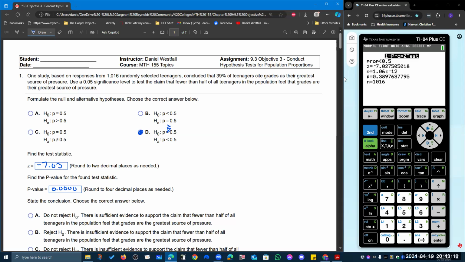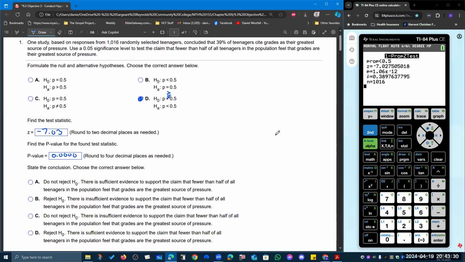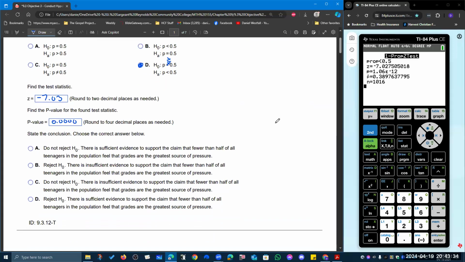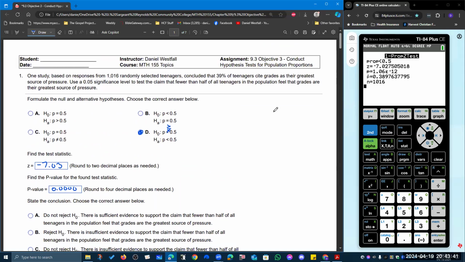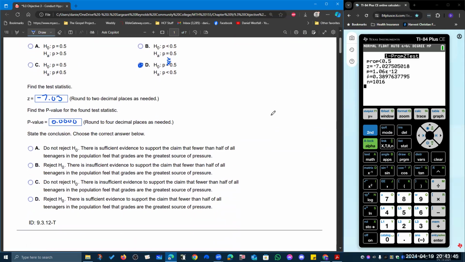Because our P value is less than alpha, we're going to reject H naught and say that there is sufficient evidence to support our claim that less than half of teenagers feel that grades are the greatest source of pressure.